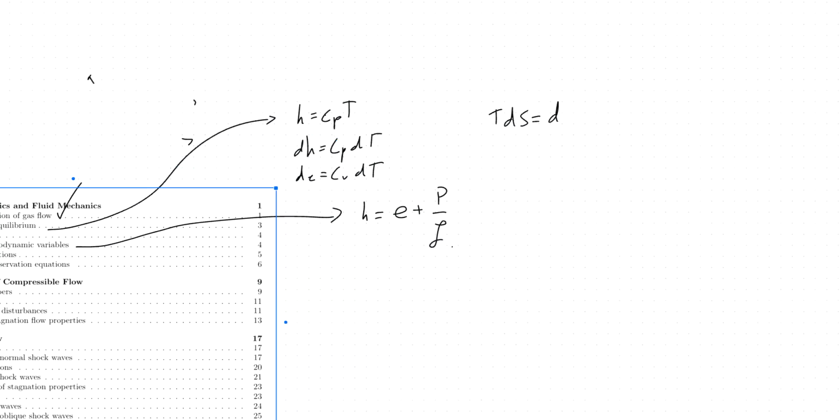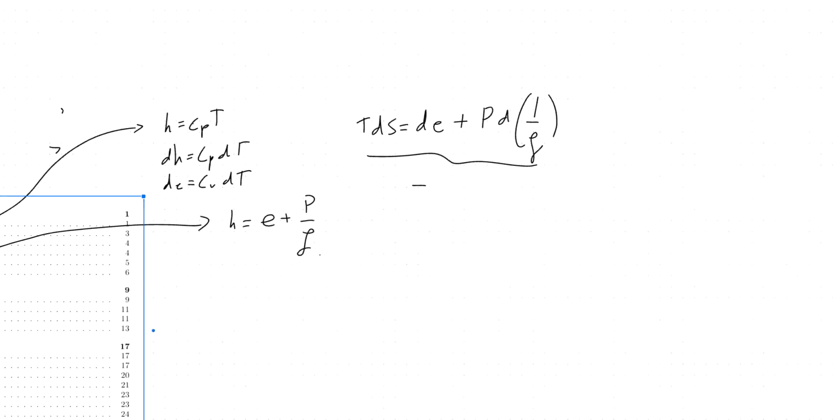Yes. And then this can be transformed into TdS equals dE plus P, and then it's gonna be, let me check, the d of 1 over rho. There's also a rho squared, obviously, and I'm pretty sure there's a negative d rho.